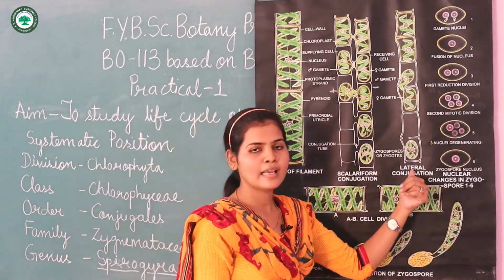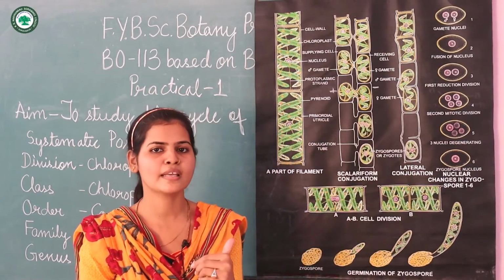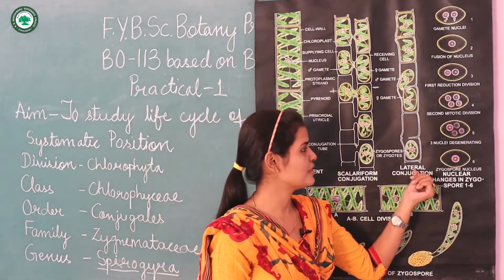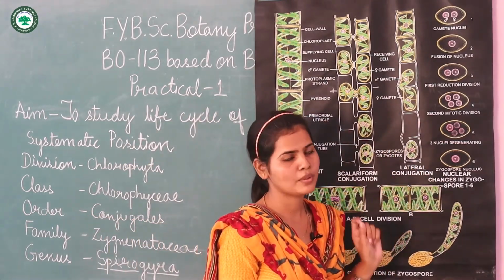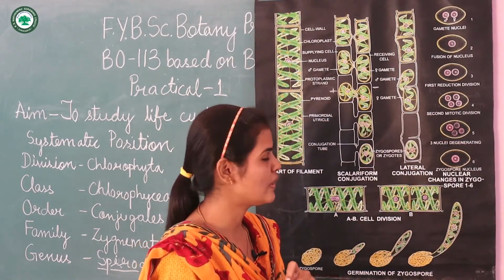Now next is lateral conjugation. In case of lateral conjugation, as in scalariform two filaments were required, but in lateral conjugation only one filament will be there, and reproduction takes place within the same filament.